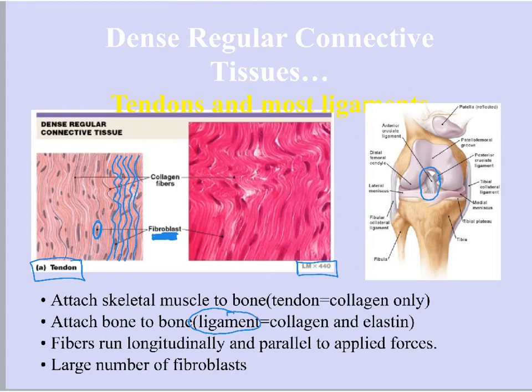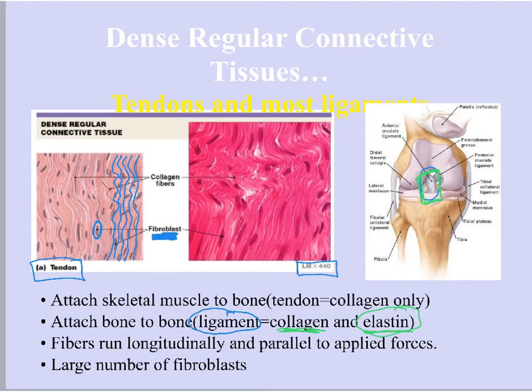So you can see the ACL attaching your femur to your tibia here. Their structure's a little bit different. They're a mix of collagen and elastin fibers. And the presence of those elastin fibers in the ligaments makes your ligaments a little bit more stretchy and therefore allows for movement at your joints.